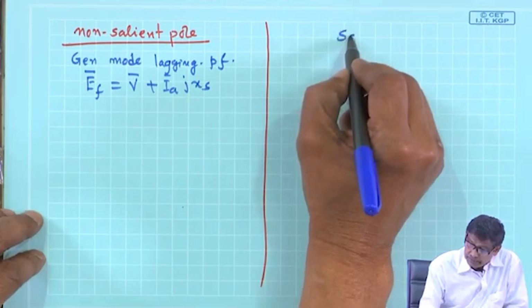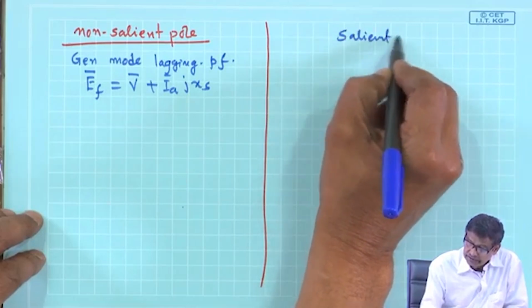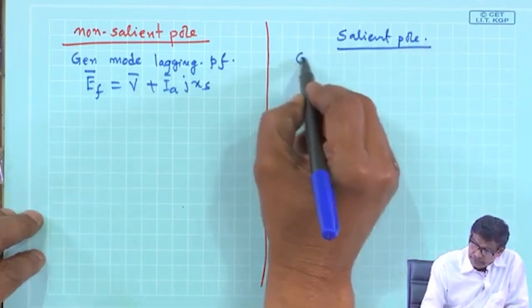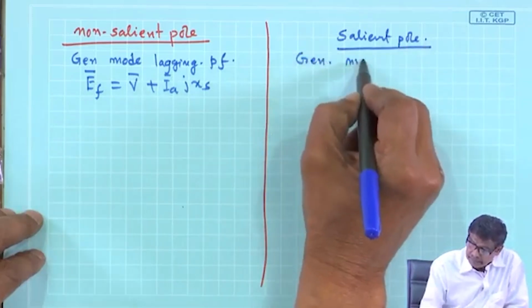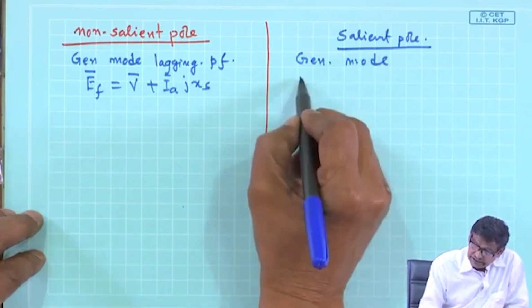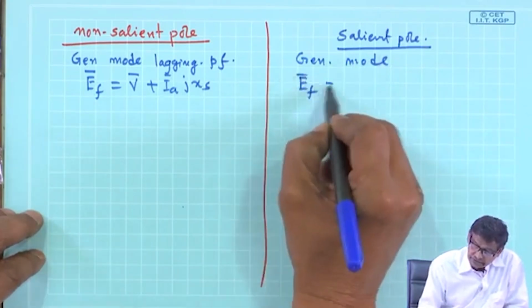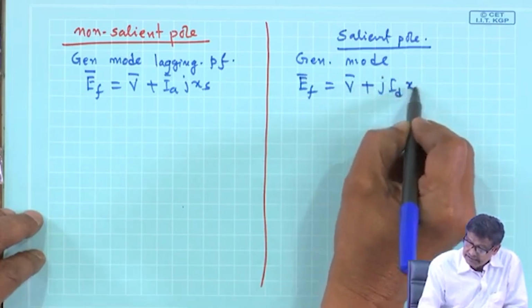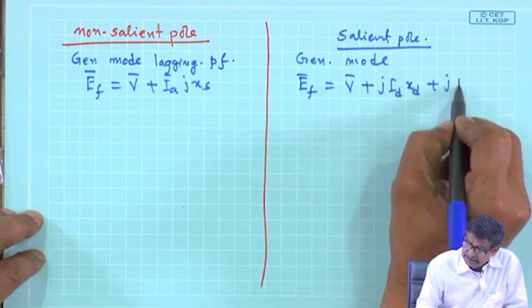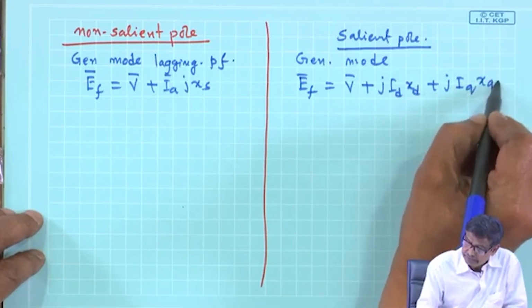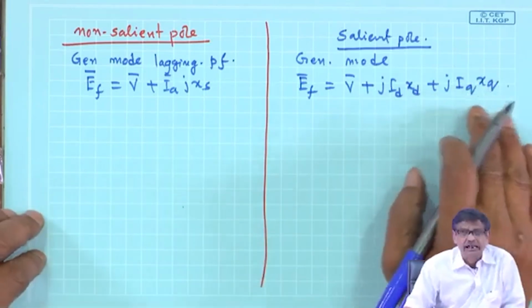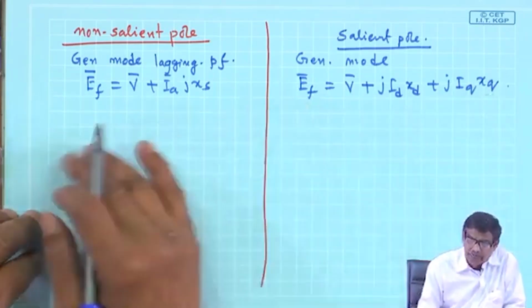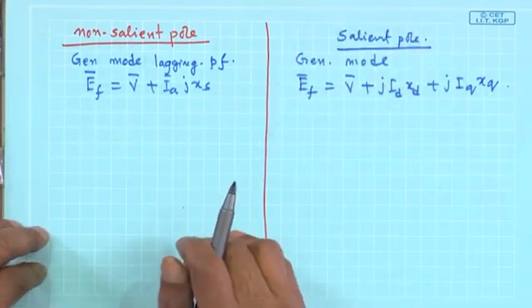Similarly, in the salient pole machine, generator mode, the equation is EF equal to V plus j I_d X_d plus j I_q X_q. And of course, there may be an I R_A term that can also be taken into account while drawing the phasor diagram.